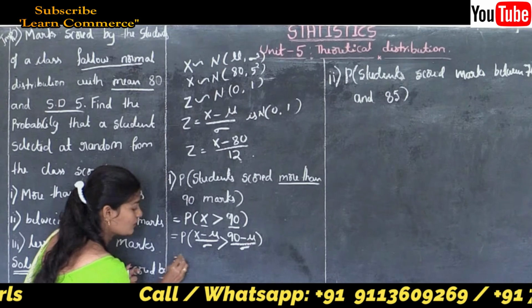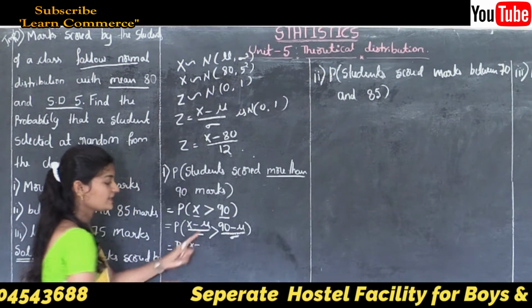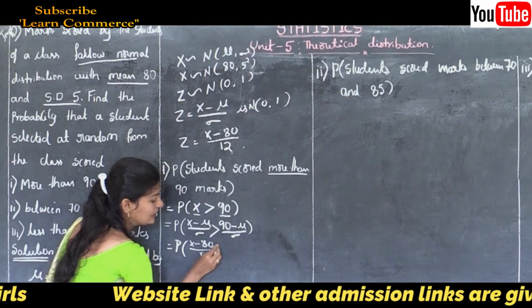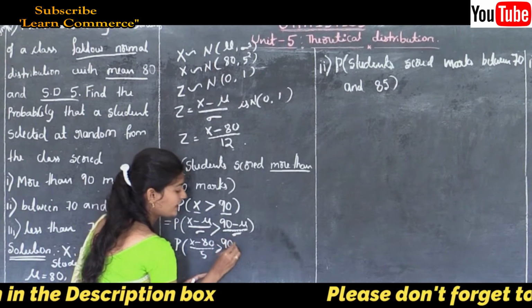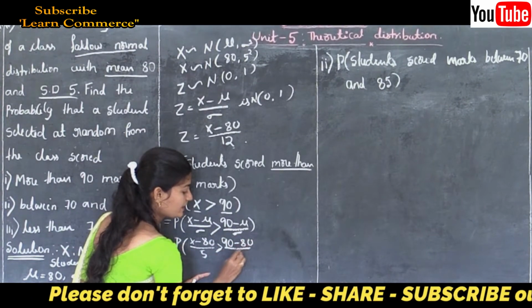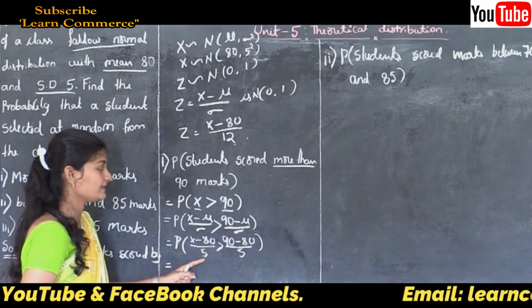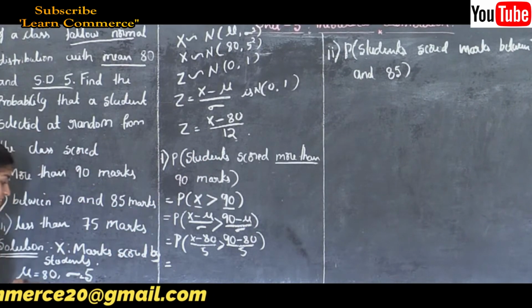This is equal to probability of x minus 80 divided by 5 greater than 90 minus 80 divided by 5, since mu is 80 and sigma is 5.